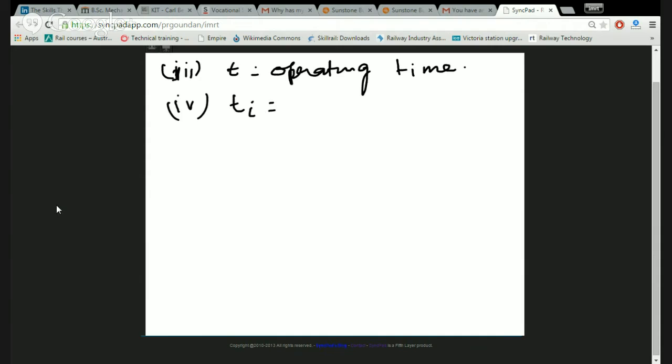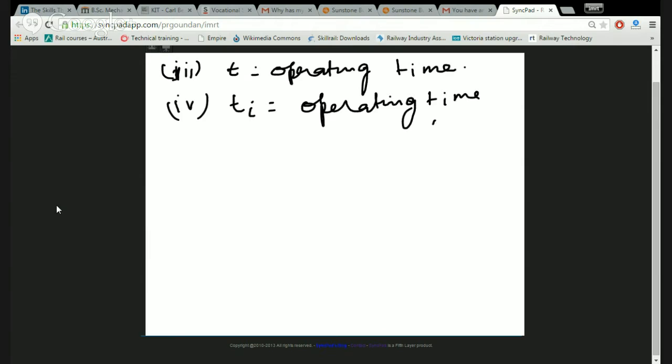Then, since you are talking about reliability, assumption 3 is that I need an operating time. Reliability is always associated with operating time. Assumption 4 is a general assumption: for subsystem i, the operating time is Ti. Yesterday I told an example of a missile launching.